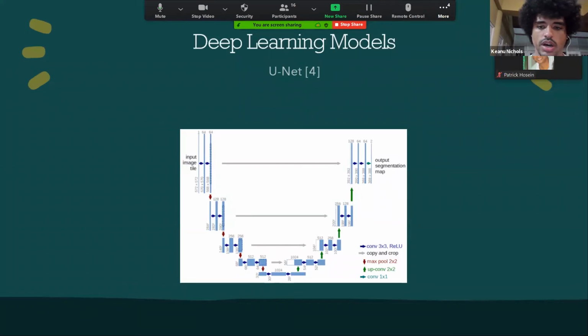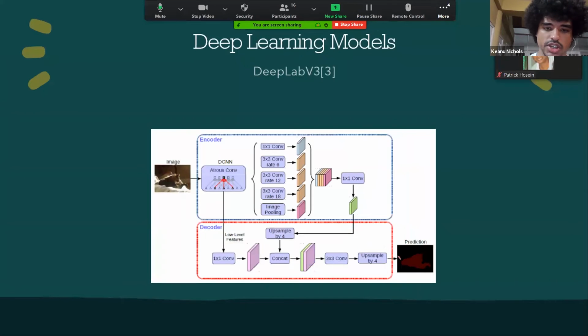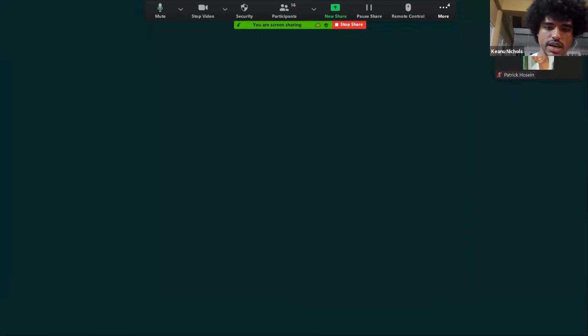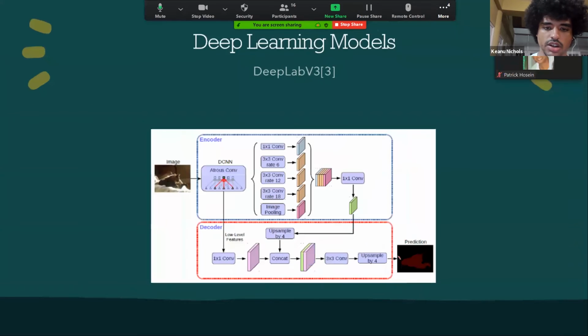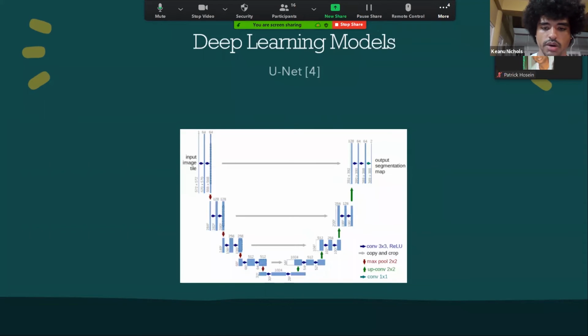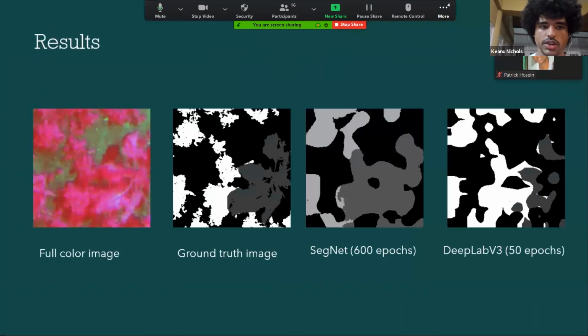A model like DeepLab is able to perform, I believe, much better than UNet and SegNet on a multitude of different problems. But we also just want to make sure we're using the state-of-the-art models, so we also implemented UNet. Next we're going to be looking at the results that we've been getting so far.